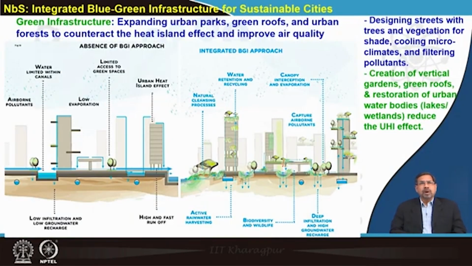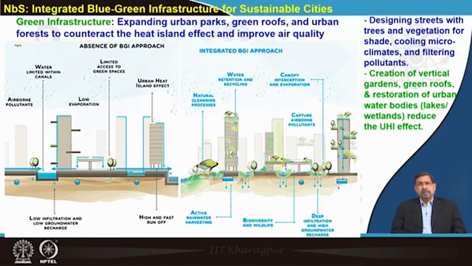Let us move on to blue green infrastructure in a city, with and without. On the left side there is a depiction of the absence of blue green infrastructure, and on the right hand side the integration of blue green infrastructure. As we know, green infrastructure helps in expanding urban parks.